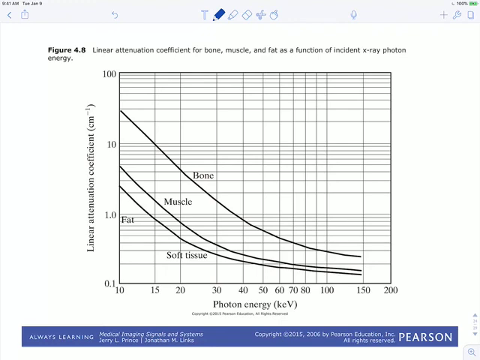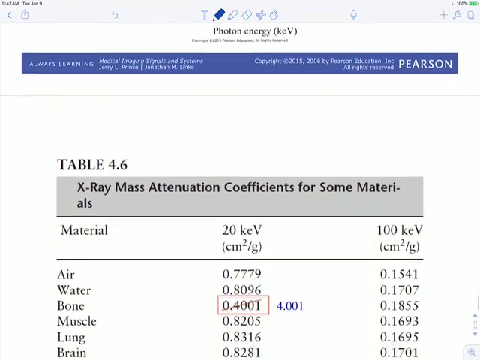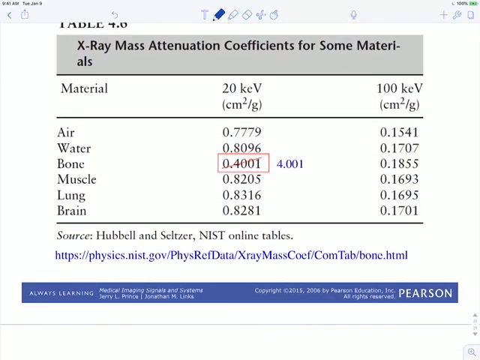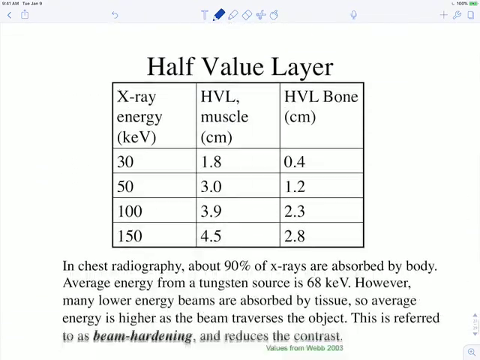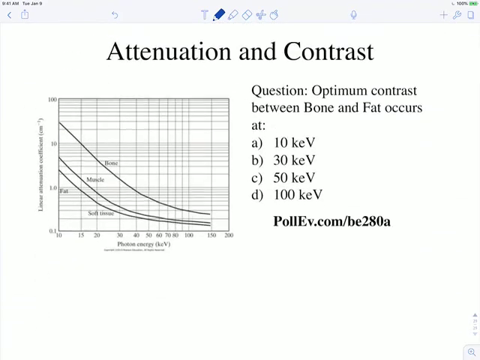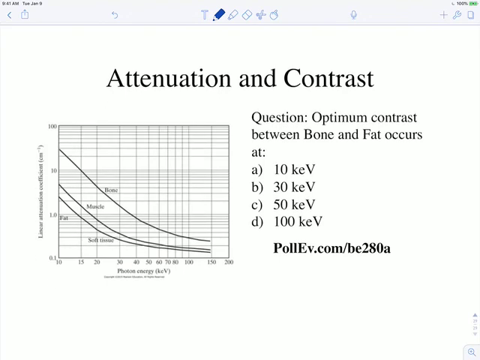You can see that different objects attenuate differently. Bone has the most attenuation. It's the most dense, so it's going to stop the X-rays the best. Then comes muscle, then soft tissue. And these are some of the attenuation coefficients at different energies. We'll skip over this for now, and just skip to this last slide.